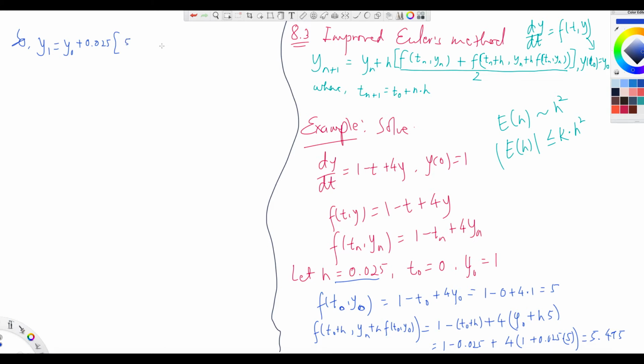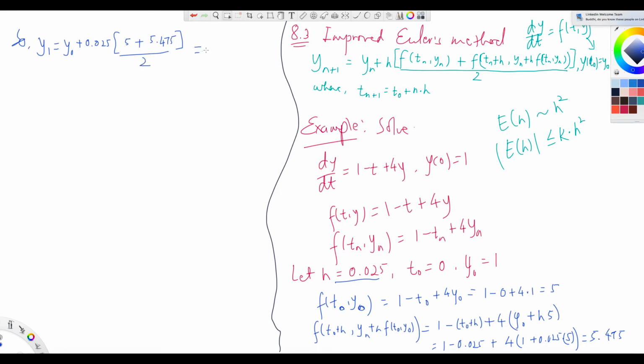You see that? And then plus f of t0 plus h. What is h? H is 0.025, right? You plug in that, you will get 5.475, and then divided by 2. You see that? This is what you get.